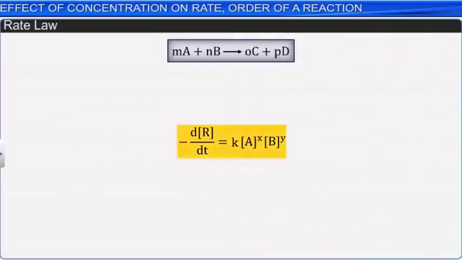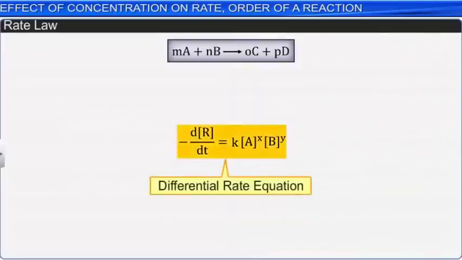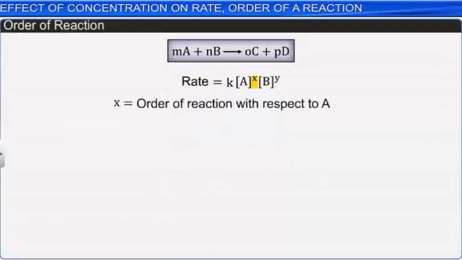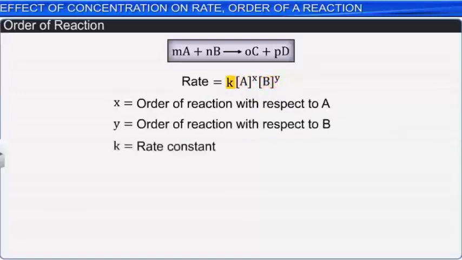This is known as a differential rate equation. In the given rate equation, x is the order of the reaction with respect to A, y is the order of the reaction with respect to B, and K is the rate constant.